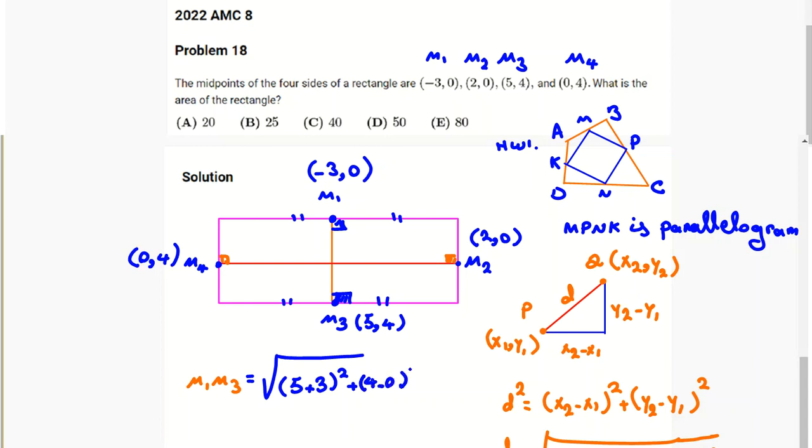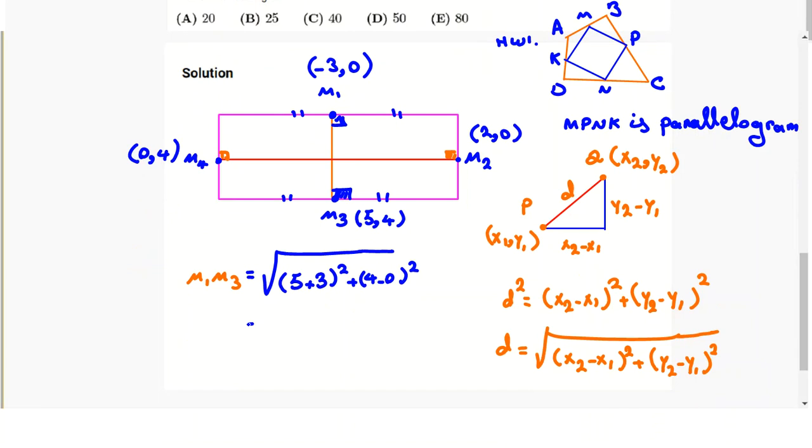So 5 plus 3 is what? It is 8. 8 squared is 64 plus 16. It's what? Square root of 80. And if you consider M2M4, it is equal to square root of 2 minus 0 squared, plus 0 minus 4 squared.